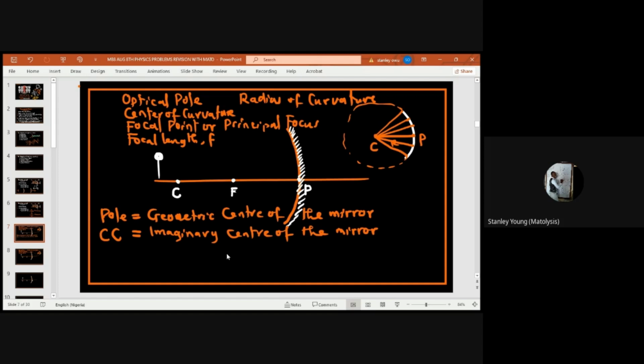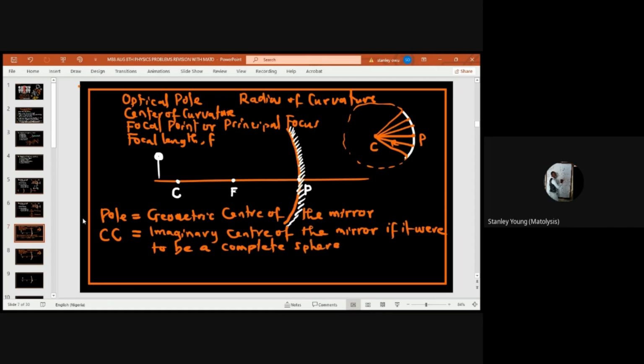For instance, if there is no specification of the lens or the mirror, I will just say it is the imaginary center of the mirror if it were to be a complete sphere.